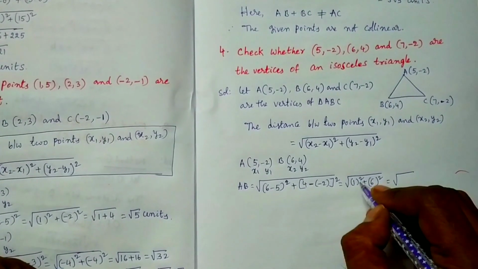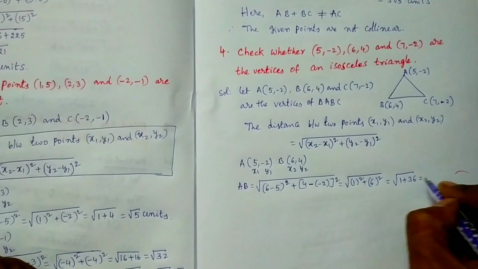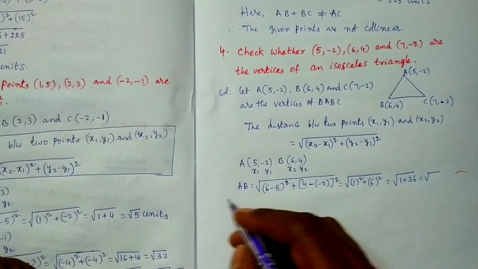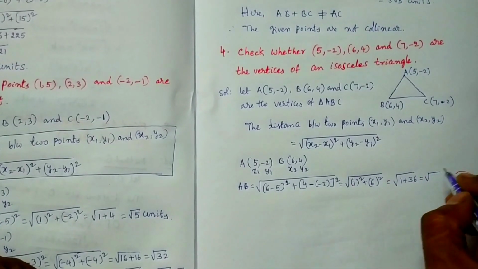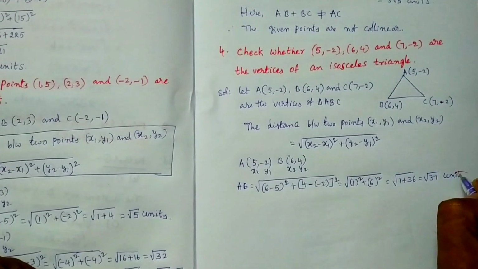That equals 1 square value 1, 6 square value 36. So the length of side AB is square root of 37 units.